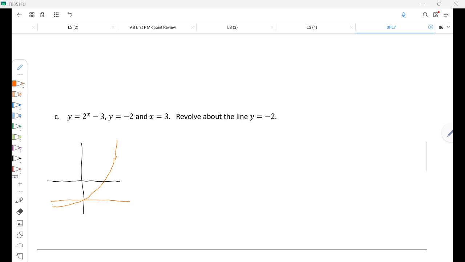So I'm going to go ahead and draw it somewhere over here where it looks like it's gone pretty high. This would be 3, -2. And this is 0, -2. That's what I was looking for. Knew something was off. Boom.